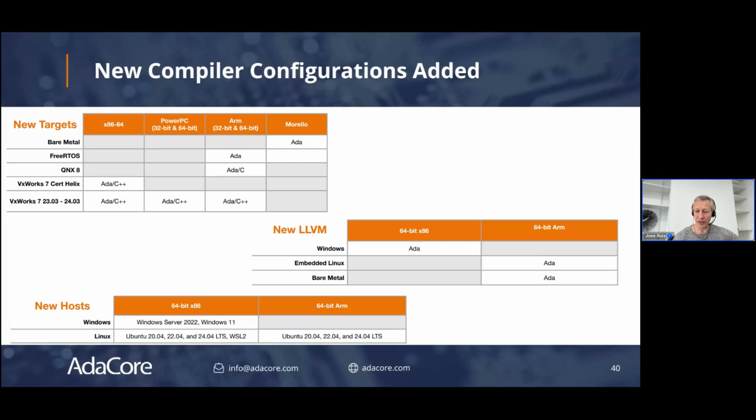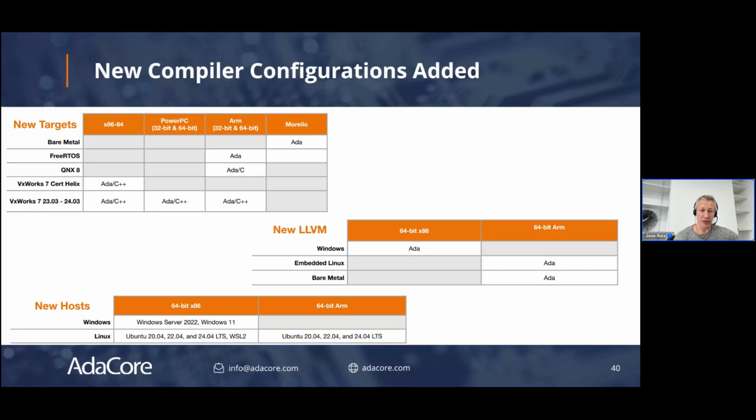Then we added to our offering support for FreeRTOS. The idea is to give you the possibility of developing your Ada code on top of a real-time operating system with a widely available set of drivers, so that you can interact easily with the external world. And then there are updates on operating systems that we already supported.